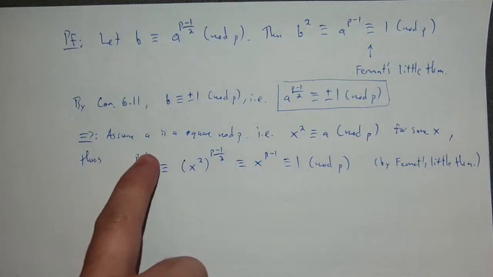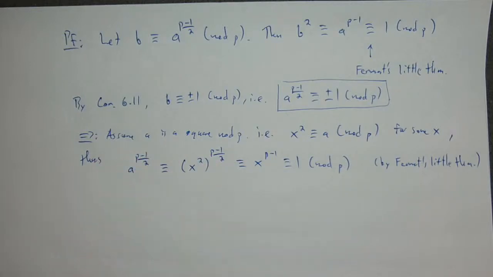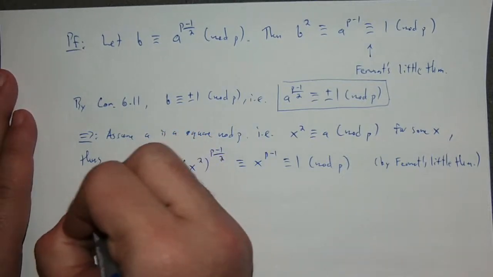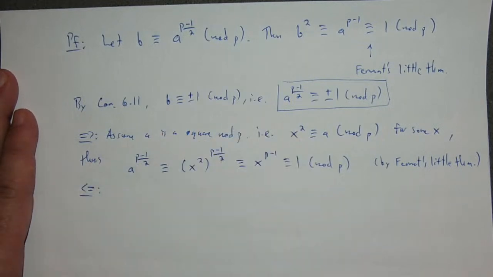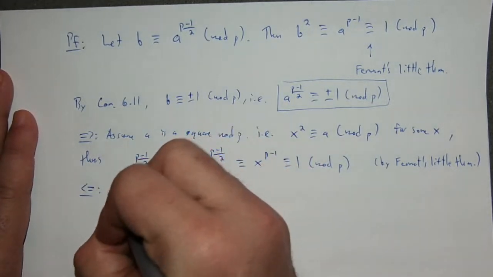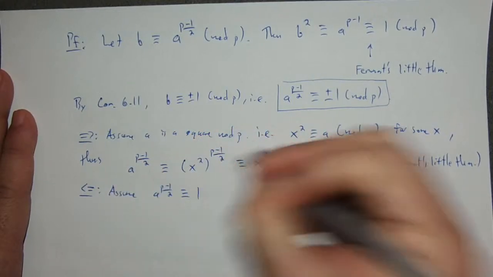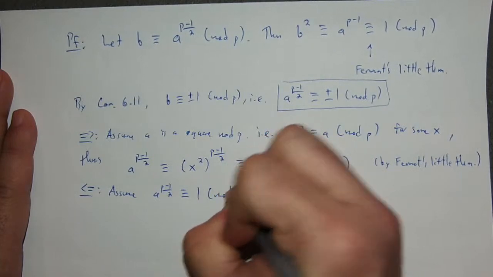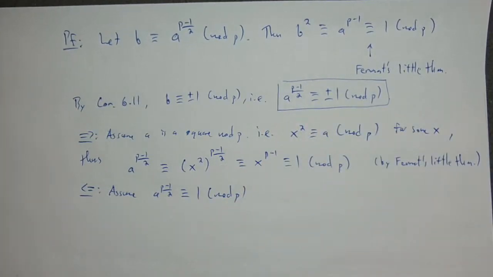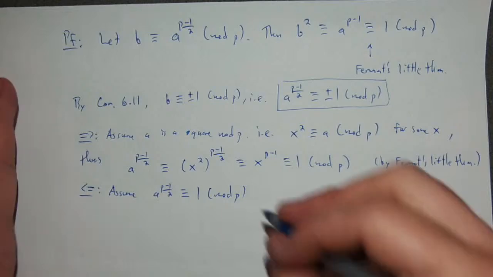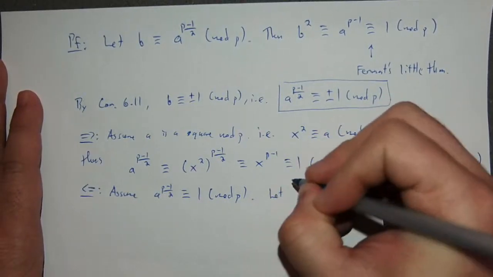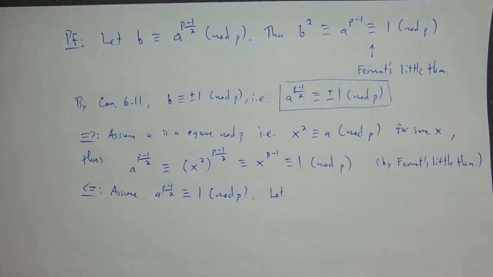So we started with the assumption that a is a square mod p, and we get that a to the p minus 1 over 2 is congruent to 1 mod p. Now let's do the opposite direction. Assume a to the p minus 1 over 2 is congruent to 1 mod p. Now we're using all of the tools at our disposal; there's a reason why the sections in the chapters are structured the way they are.